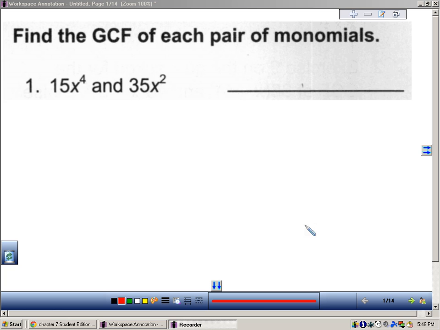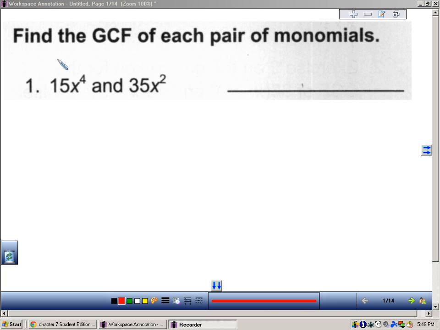We're looking at section 7.1, page 375, and we're going to be finding the GCF, greatest common factor, of pairs of monomials and also sets of three. So let's just start. Okay, 15 and 35.